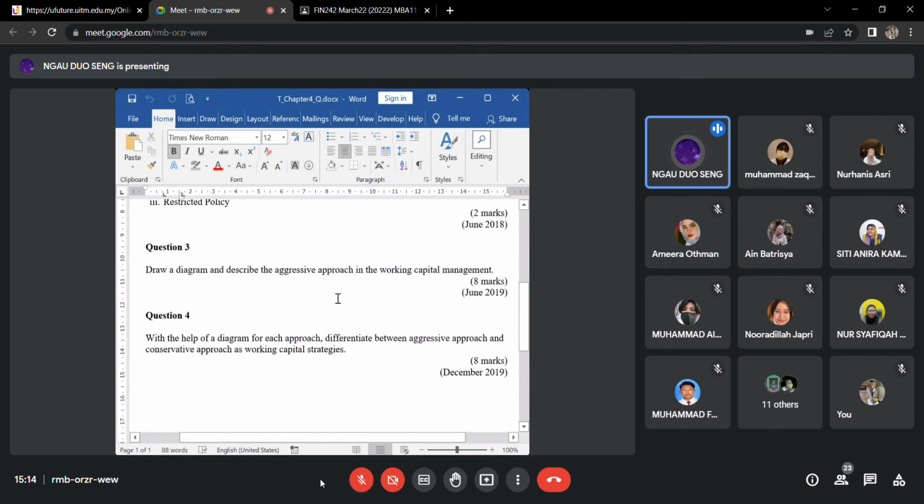So if this is an aggressive policy, which policy is aggressive? Aggressive approach. So this one, kita ada berapa approach for financing? 3.